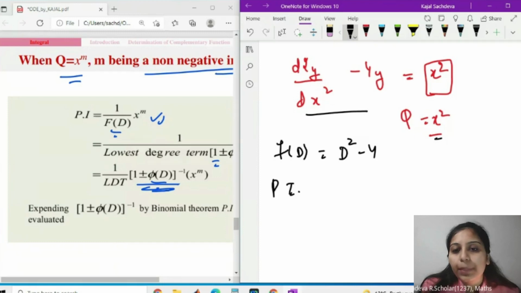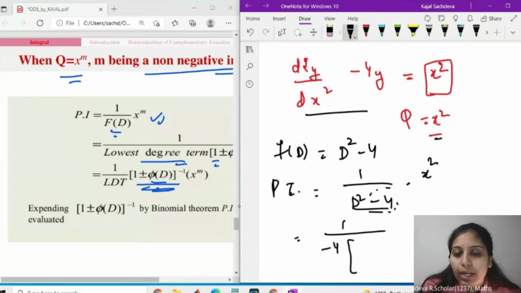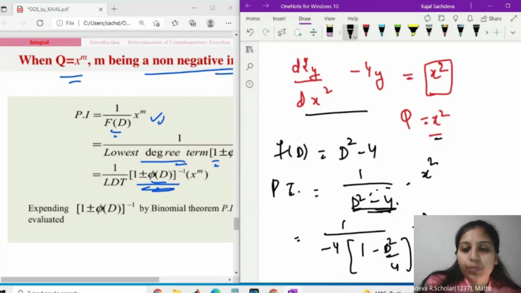For finding PI, we have 1 upon f of D, that is D square minus 4, into Q. Q can be replaced by x square. Now what we have said here, taking the lowest degree term common. We can see from here the lowest degree term is the constant term. So taking minus 4 common, we are left with 1 minus D square by 4, into x square.